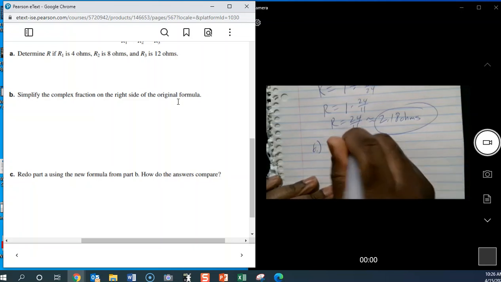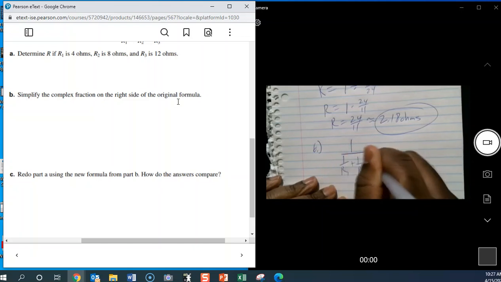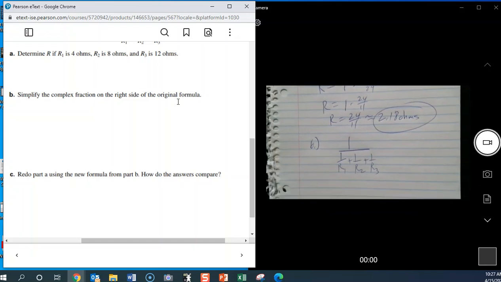So basically, we have 1 over R sub 1 plus 1 over R sub 2 plus 1 over R sub 3. They want us to simplify this. Okay, so this is what we need to do.